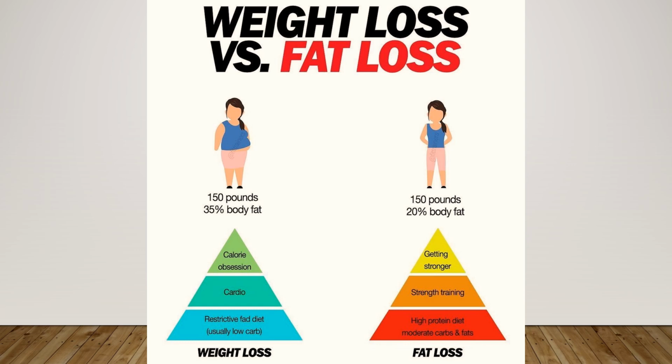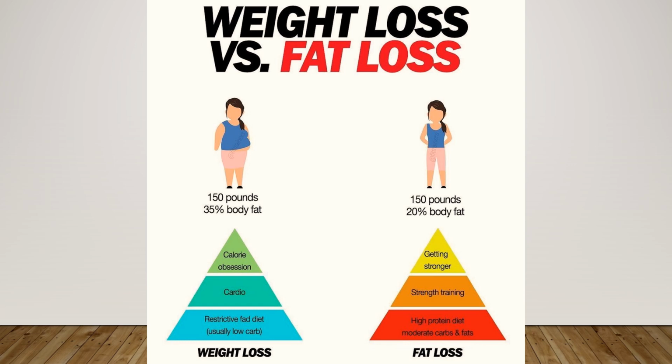Now let's understand fat loss, why it is important, and how it is different from weight loss. In fat loss, you look at your diet in a different way. You make sure that you are having a high protein diet with a moderate amount of carbs and fats. People who cut down on rice completely, rice is a carb, if you cut down on your rice totally and are not at all having rice or roti, then you are moving towards a restrictive diet.